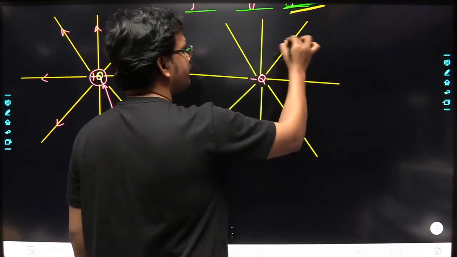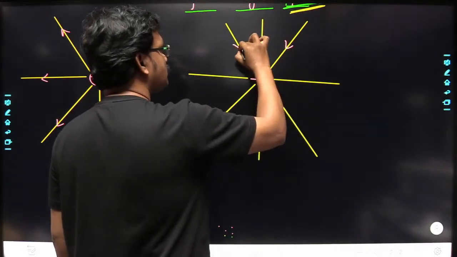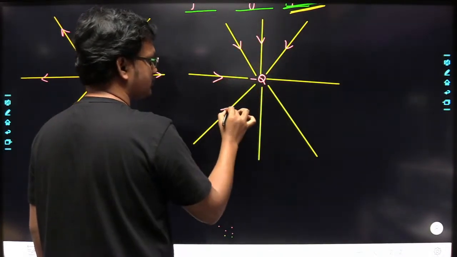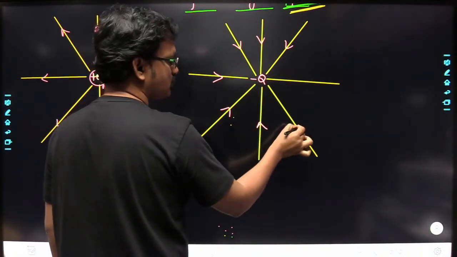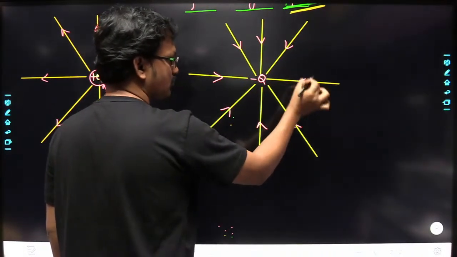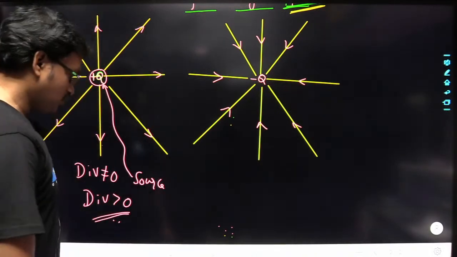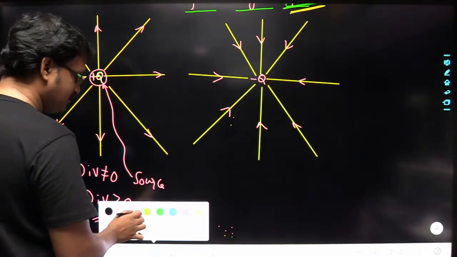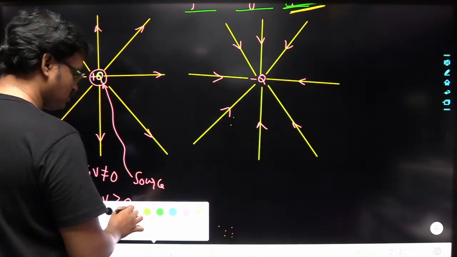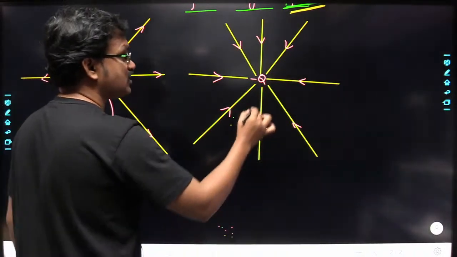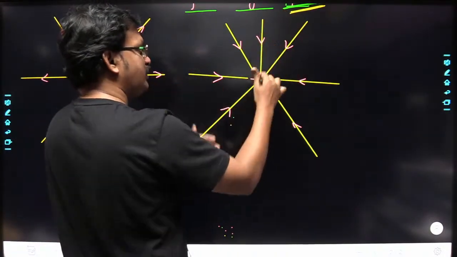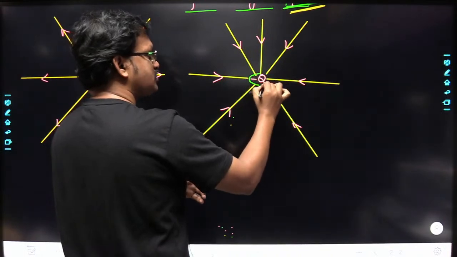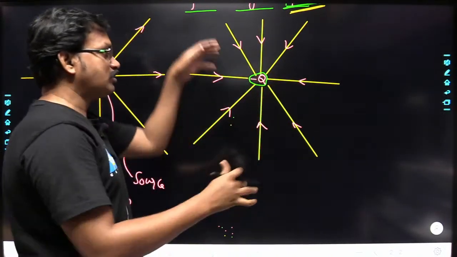So all the field lines are converging towards this point, right? Okay. So now in this case also, all the field lines are converging towards this point.